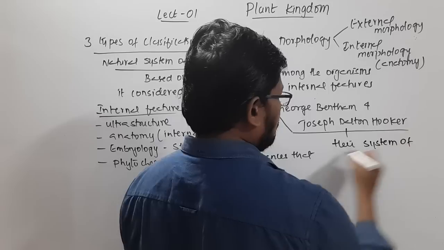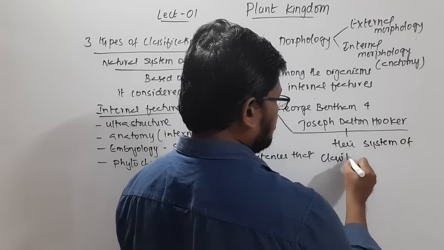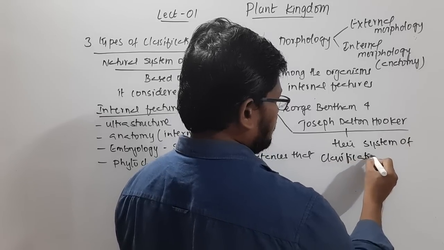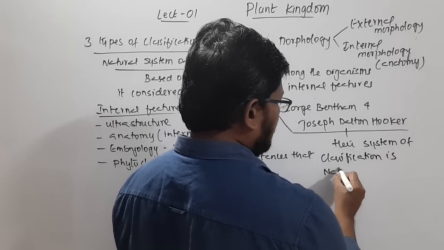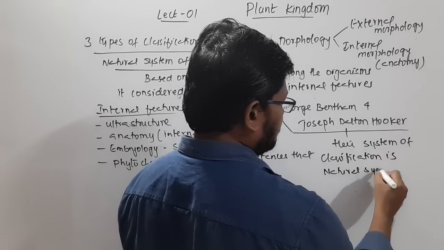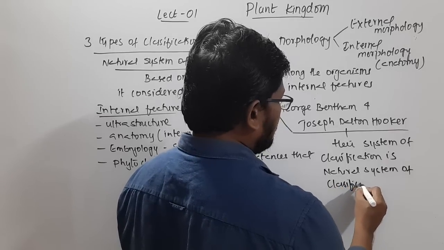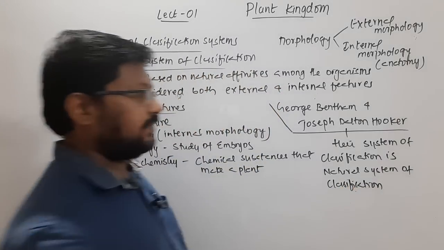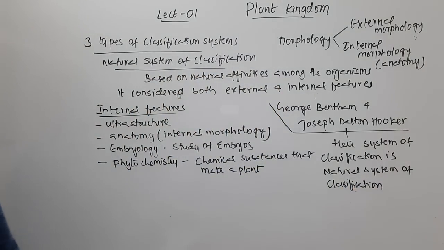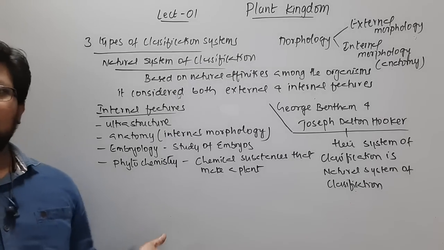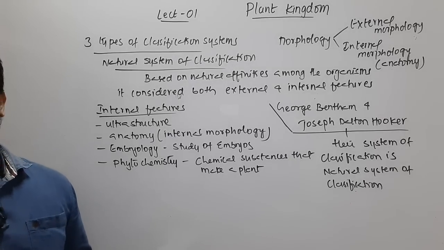Their system of classification is the natural system of classification. In simple terms we call it the Bentham and Hooker system of classification.